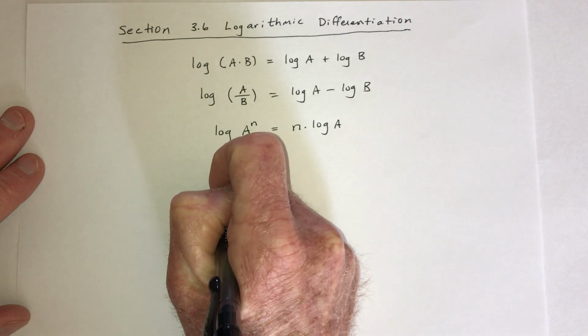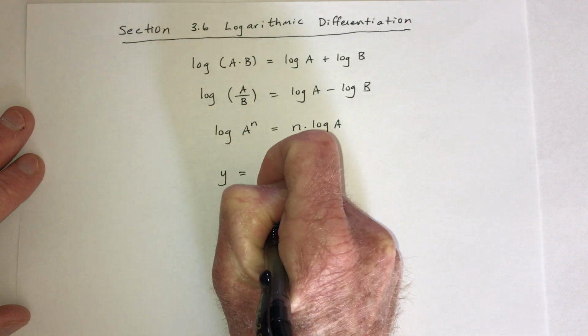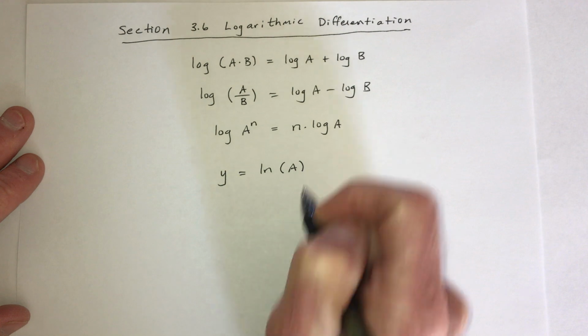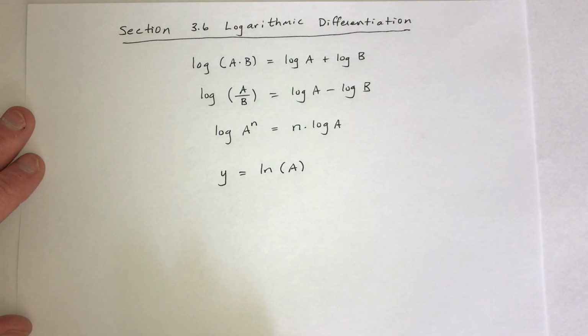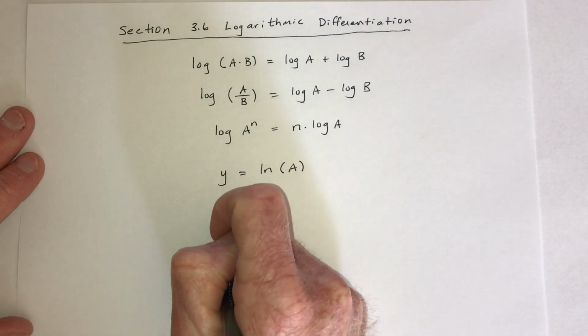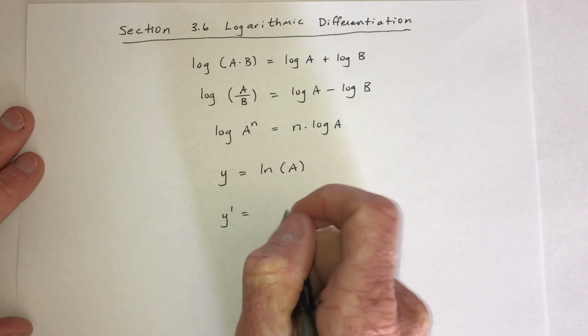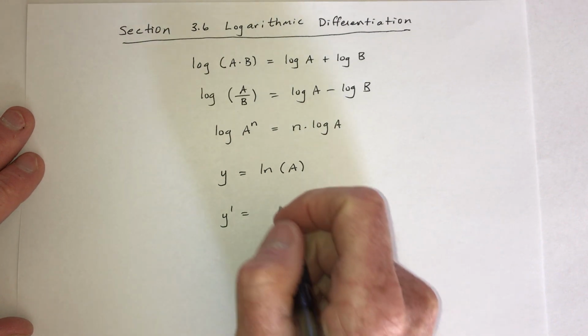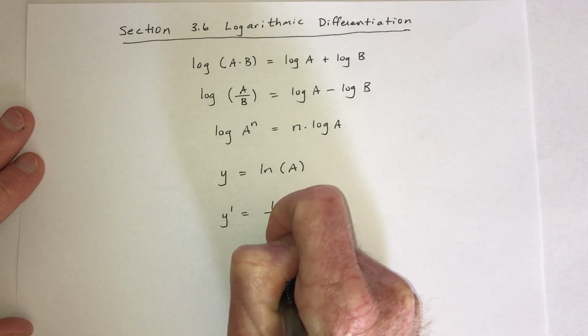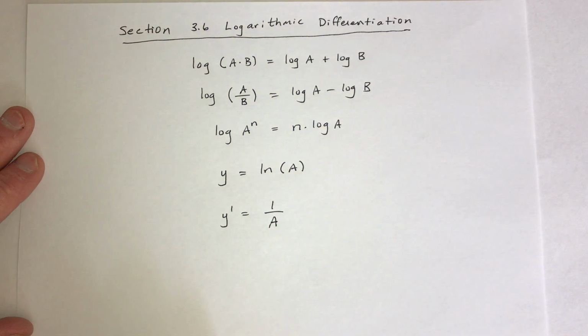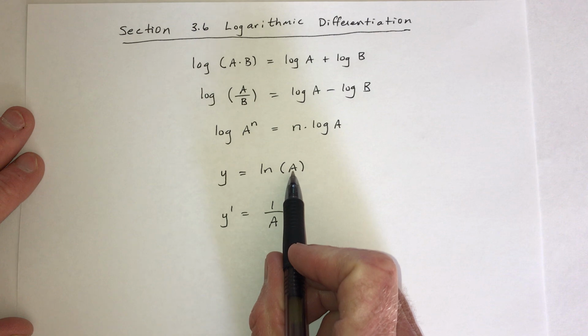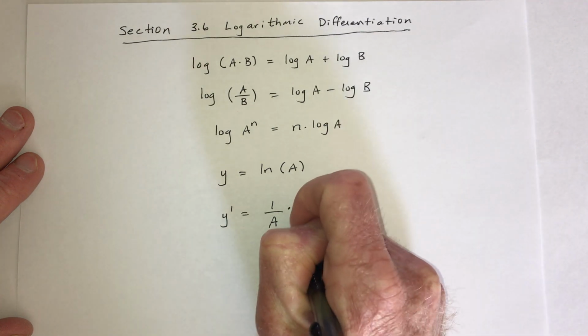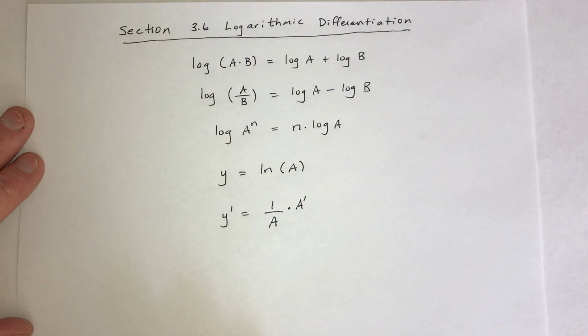Now, one other thing is, if you have the natural log of a, and then you take the derivative, it would be y prime equals the derivative of the natural log, that is 1 over whatever's in the parentheses, so 1 over a. And then you'd need to do the chain rule, take the derivative of a, so multiply by a prime.